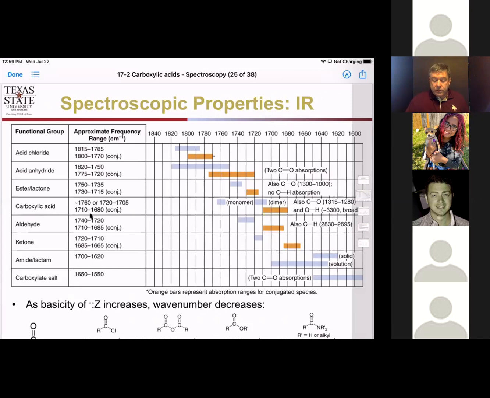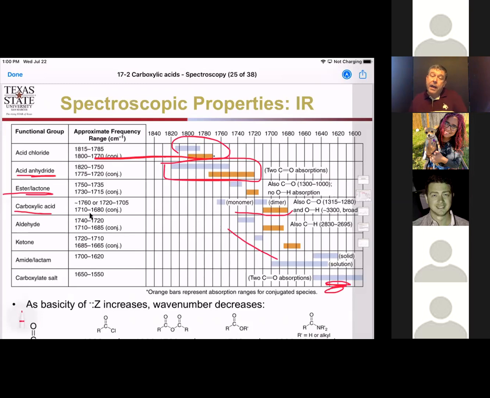So our acid chlorides are highest, and then if we move to the acid anhydride, it is shifted up high too, but it's not as high as the acid chloride. Then the esters and carboxylic acids: the ester has an oxygen there, but it has that donation with the carbon group attached to it. Once we add that hydrogen to the carboxylic acid, it shifts down again. And then our aldehydes and ketones are lower, and our carboxylic acid salts are even lower, really far down.